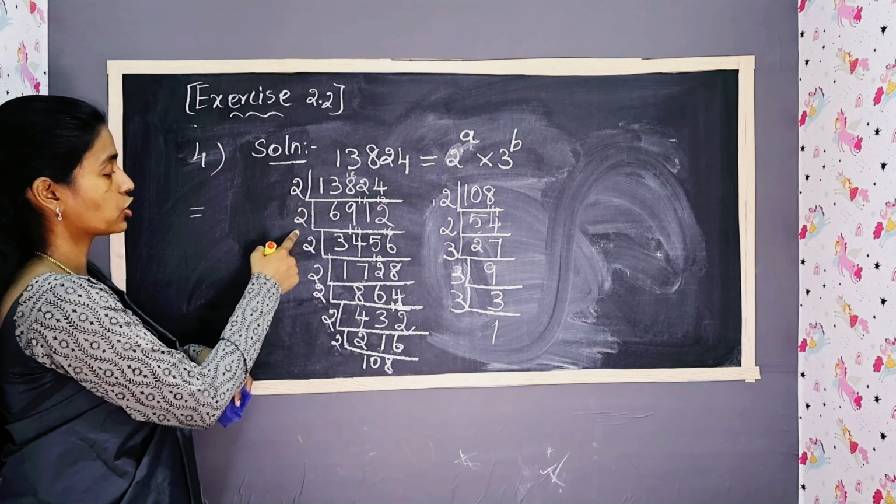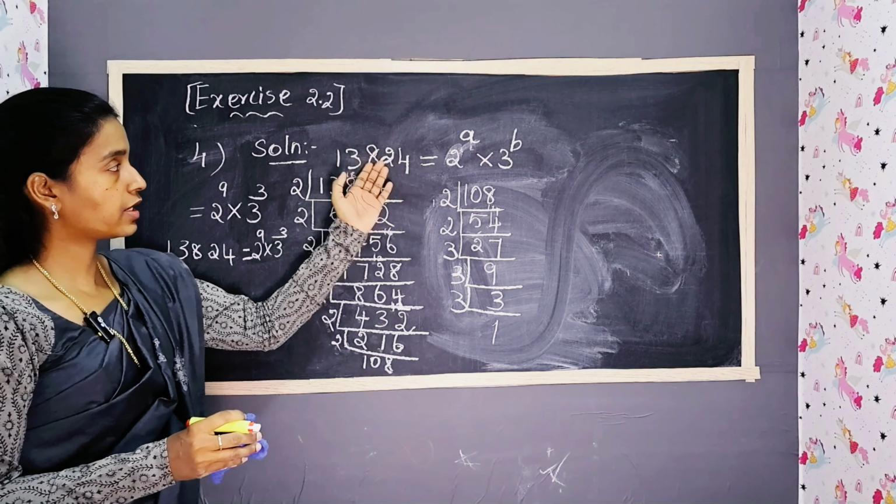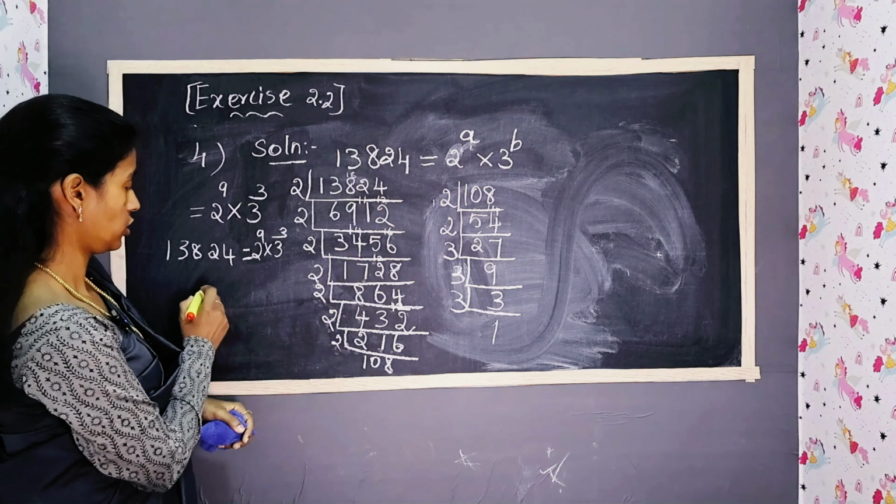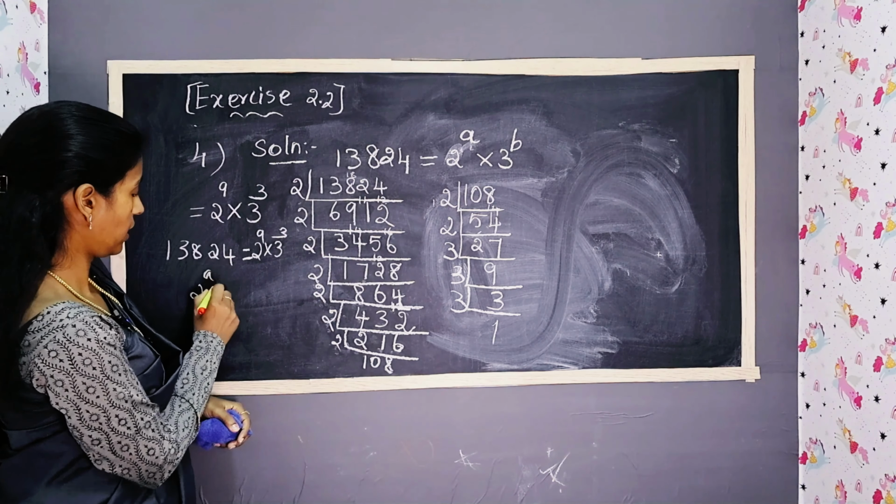So I can apply the value of this number. What is here? 2 power a into 3 power b equals, what is the answer we have gotten? 2 power 9 into 3 power 3.